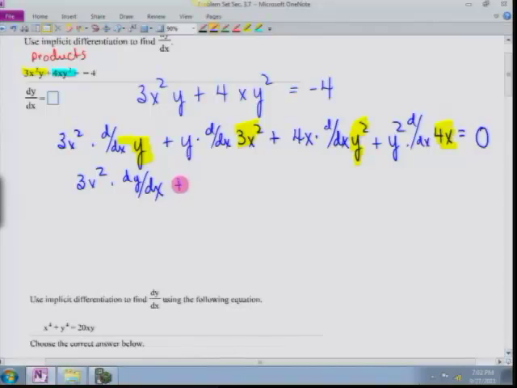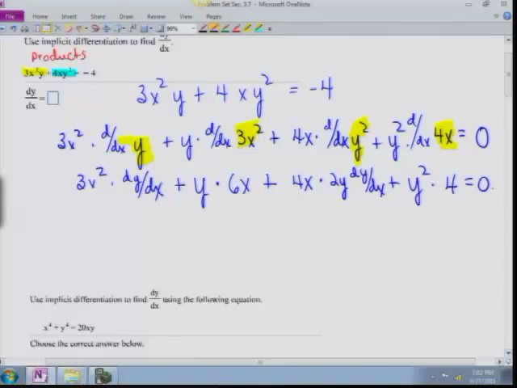Okay? All right, plus, now we're not taking the derivative of y. We've got y times, what's the derivative of 3x squared? 6x. Plus 4x times, what's the derivative of y squared? dy dx plus y squared times 4 equals 0.